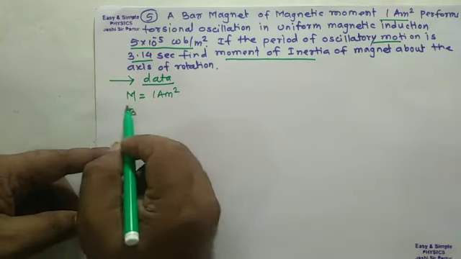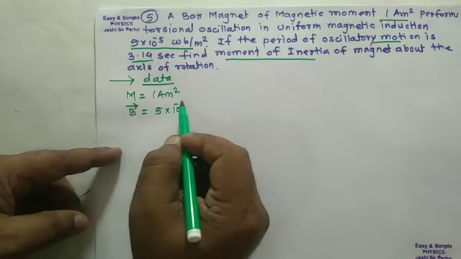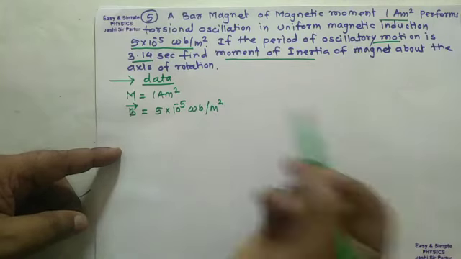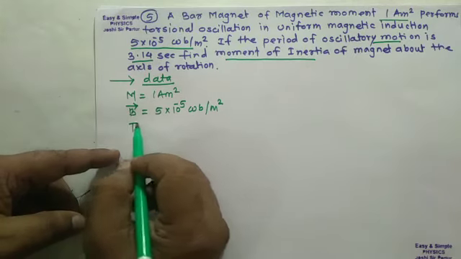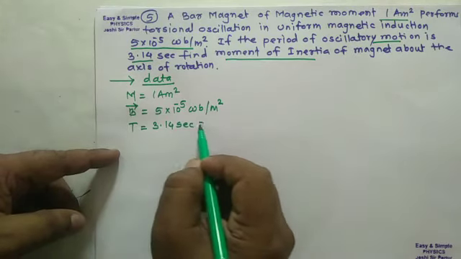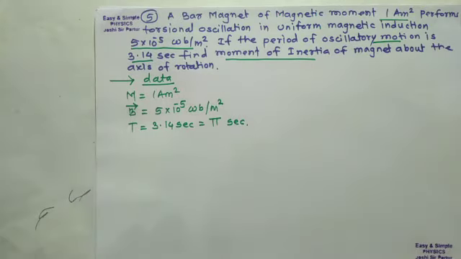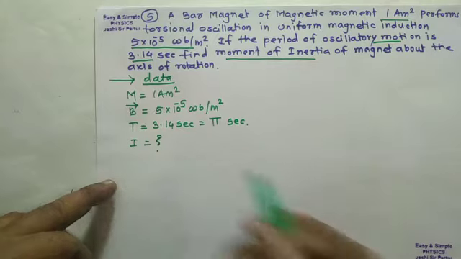Magnetic field induction will be vector B, having value 5 into 10 to the power minus 5 Weber per meter square. Period of oscillation, that is T, will be 3.14 second, means pi second, because pi has value 3.14. And here we can calculate moment of inertia I.